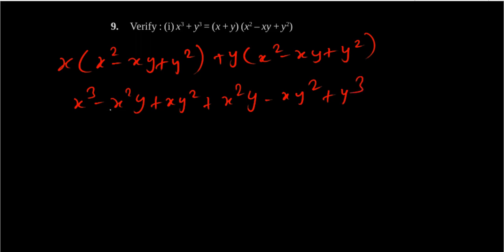So minus x square y plus x square y will get cancelled. Plus x y square minus x y square will get cancelled. At last we will get x cube plus y cube. So we have taken the LHS, we multiplied these two, and at last we got the RHS. So it has been verified.